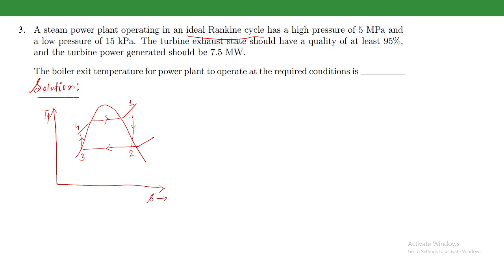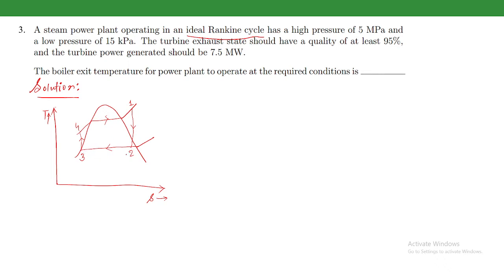This is the boiler exit temperature. The boiler is from 4 to 1, and the boiler exit is at 1. So we have to determine the temperature at this point. What we are given is that the pressure at points 1 and 4, the high pressure, is 5 megapascal, and the pressure at points 2 and 3 is 15 kilopascal, the lower pressure.